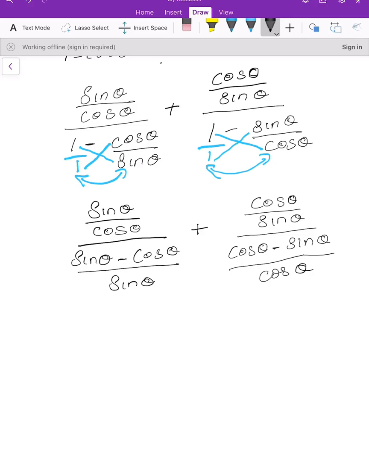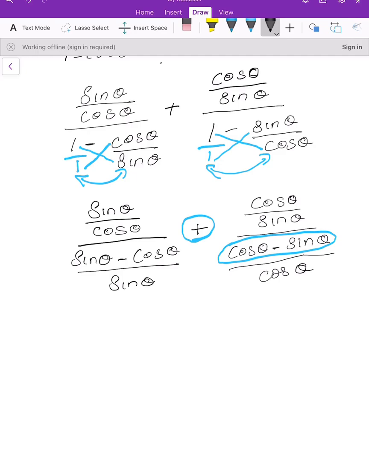Next step, I'll write this cos theta minus sin theta as sin theta minus cos theta, because on this side I have sin theta minus cos theta. By changing the sign, I have to change this sign too.